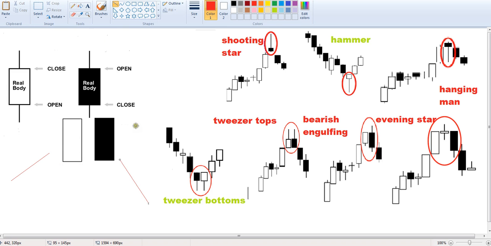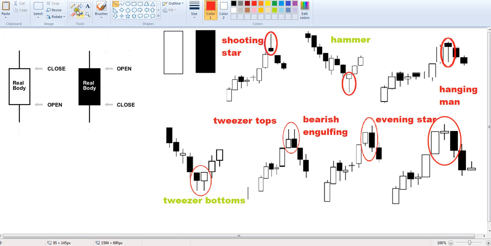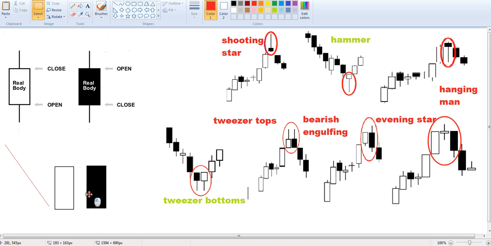The opposite's true too. Let's say that you have a downtrend and you see these right there. Then it's a reversal signal. Boom. You might have an uptrend. Pretty reliable. They're one of my favorites. That's probably my second favorite formation.